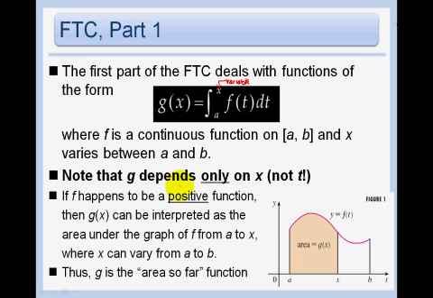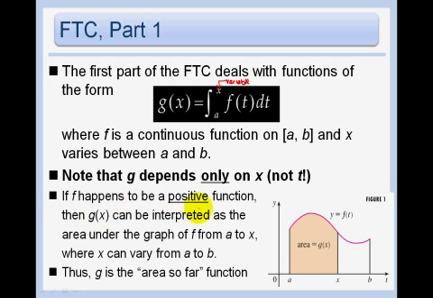Note that g depends only on x, not on t. And we're saying, let's take the integral of f of t dt, where the function depends on t. But we're saying, let's let g of x be some accumulator function, and I'll talk more about what I mean by the accumulator function, from a to x.